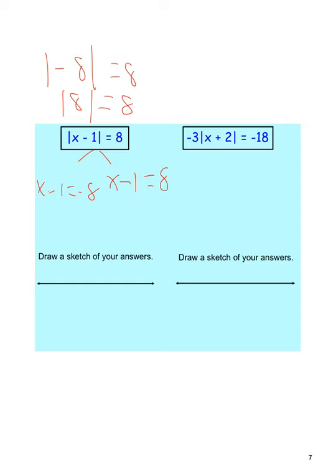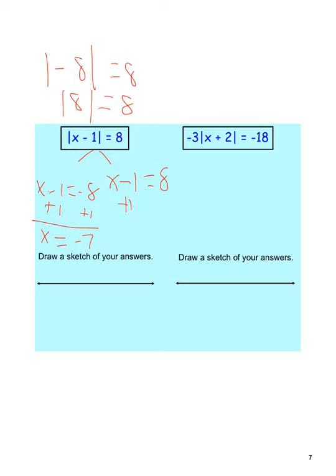So in order to equal negative 8, well, we add 1 to both sides. So that would mean x is negative 7. Okay, so if x were negative 7, then negative 7 minus 1, so you're $7 in the hole, and now you lose another dollar. Now you're $8 in the hole, but the absolute value of negative 8 is 8.